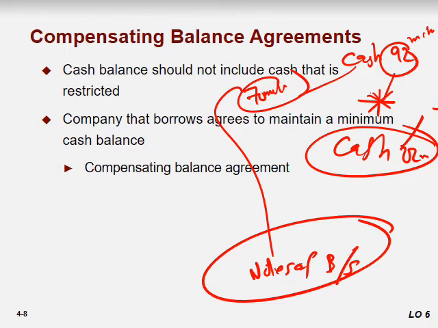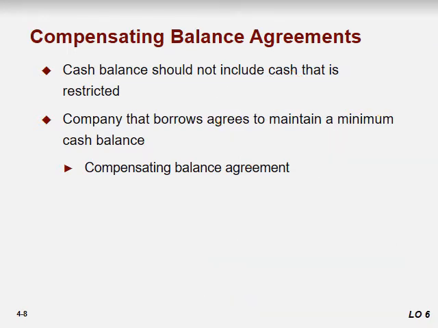So let me just remove it and discuss further. The example of this compensating balance is that, for example, cash is pledged as collateral and we will report it separately. If the company fails to pay the loan, the lender can take the pledged cash. For this reason, the pledged cash is illiquid or less liquid.